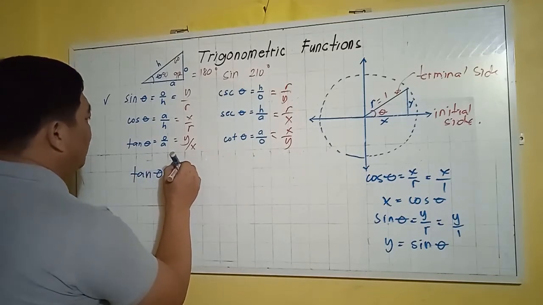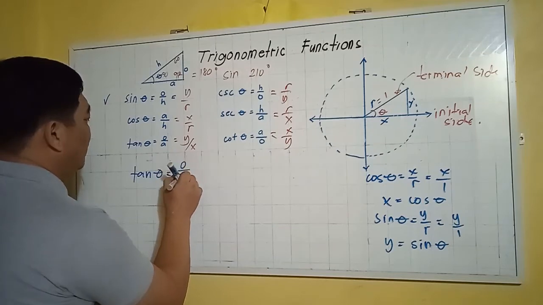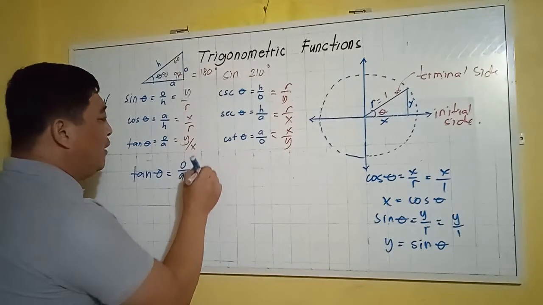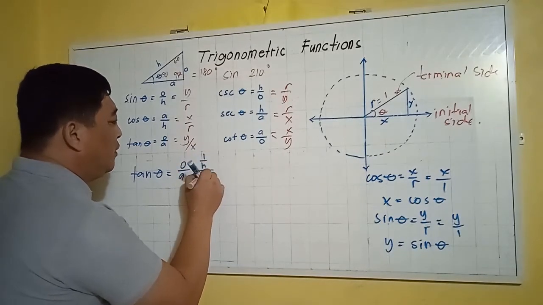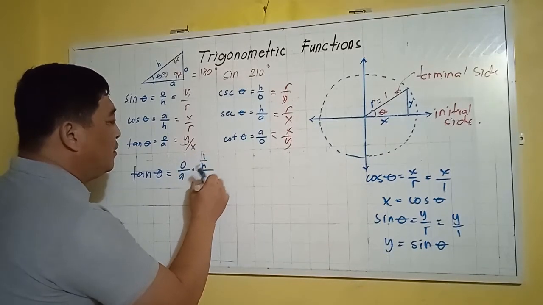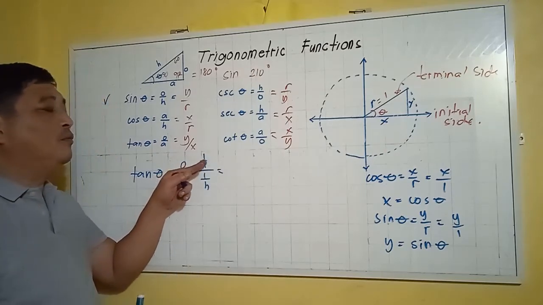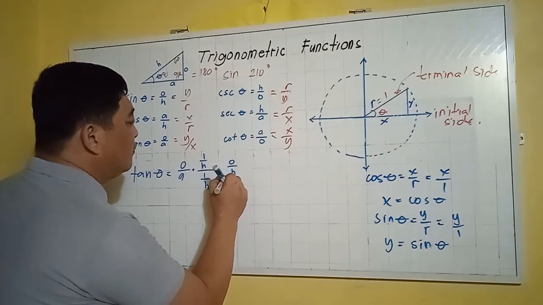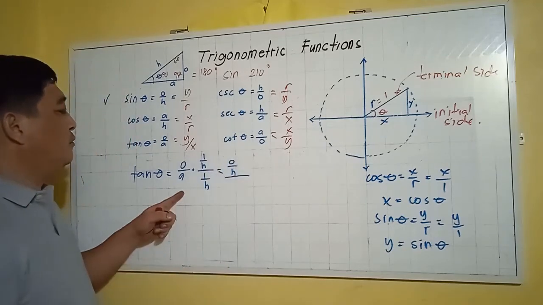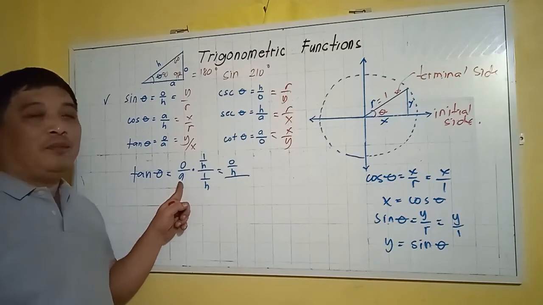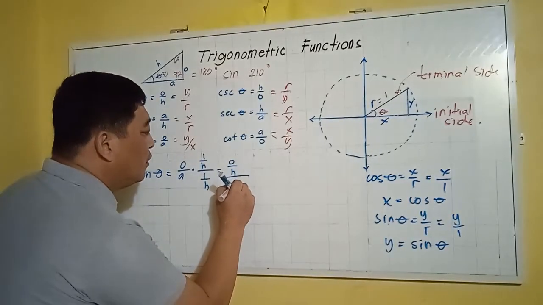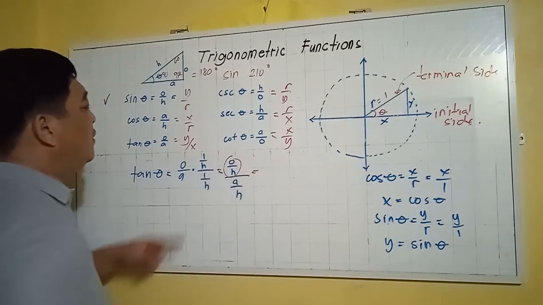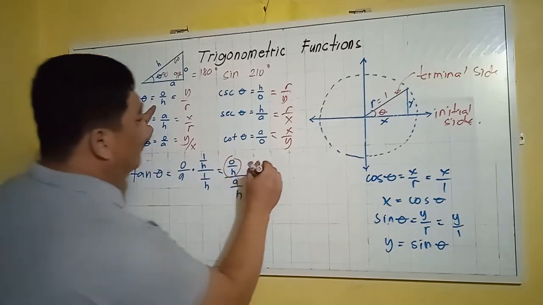Here we have tangent theta is equals to opposite over adjacent. If I'm going to multiply this, or rationalize this, by 1 over h over 1 over h, I'm going to multiply O by 1 over h, we have O over h, all over A multiplied by 1 over h, A over h. O over h is equals to sine theta.